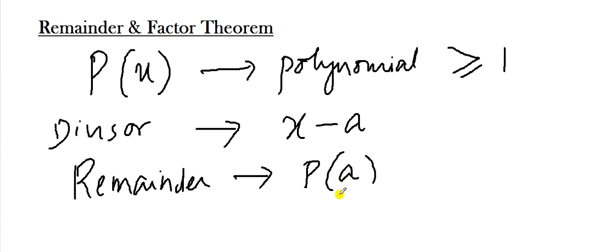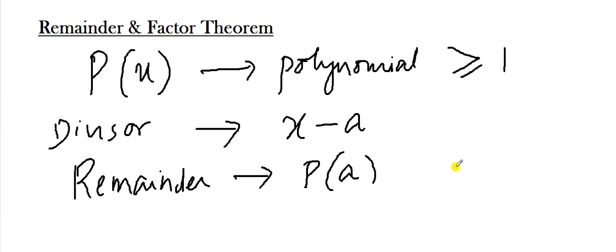Okay, it may sound a little complicated when you try to understand it using this general form, but it will become very easy when I take up examples and show it to you. Okay, it's actually very simple. Let me take up examples.